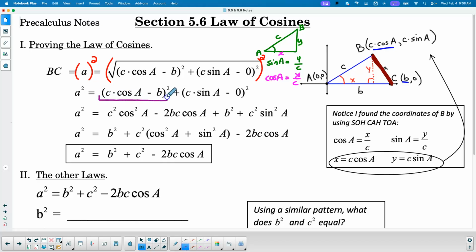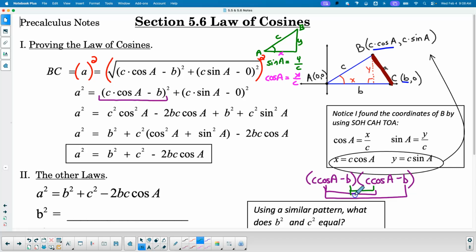This one here squared is going to be c cosine of A minus b times c cosine of A minus b. So I multiply these two together. That gets me my c squared cosine squared of A. Then I multiply these two together, which gets me my minus bc cosine of A. Then these two together gets me a second minus bc cosine of A. So that's where this minus 2bc cosine of A comes from.